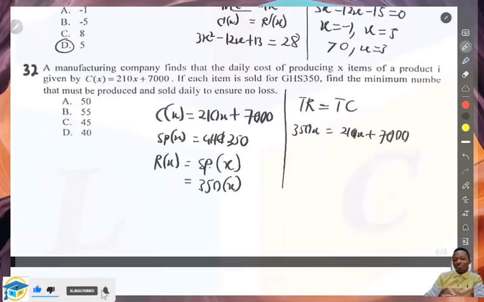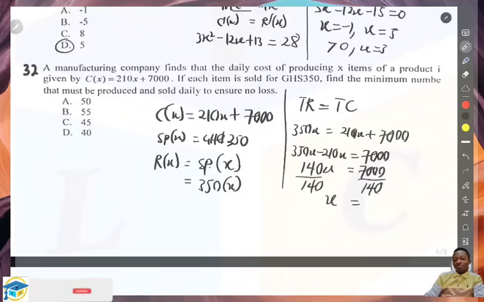Here I want to find X. So 350X minus 210X should be equal to 7,000. What are we getting as the difference? 140X, and that should be equal to 7,000. So we divide both sides by 140. X is equal to 50. So let's take note of that.